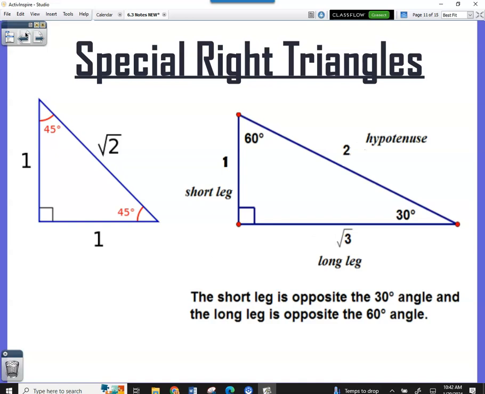Opposite of the shorter angle, the smaller angle. If this is 60, then this is the short angle, the small angle. So this over here is 1. This is the short leg. Always start with it. And then that lets me know this is root 3, but it's in quadrant 4, so it's negative.